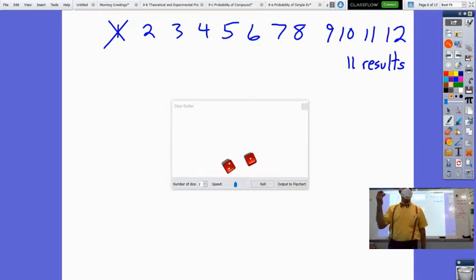Then I roll the green die. How many possible results are there? 6. So how many combinations of results of red and green dice can I have? Who said 36? Somebody smart.